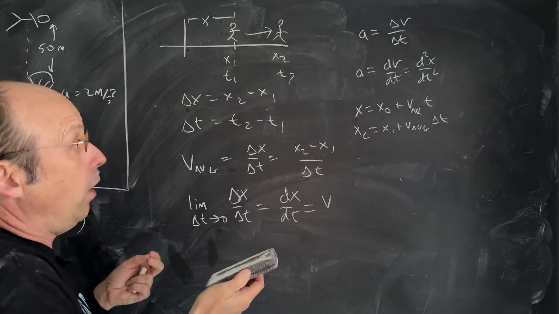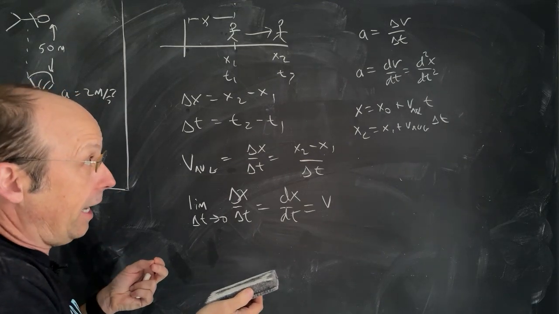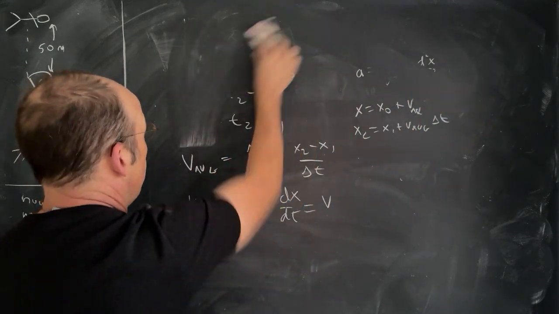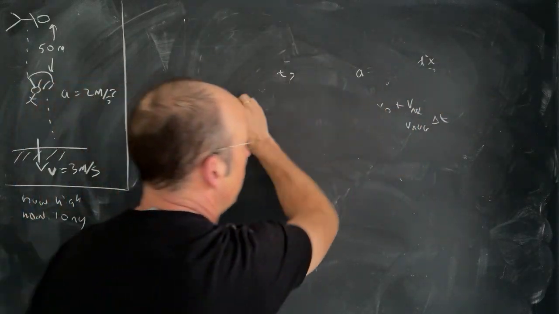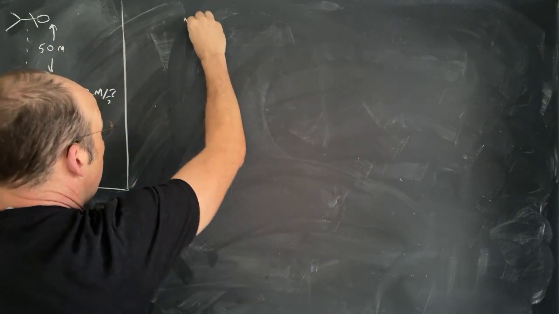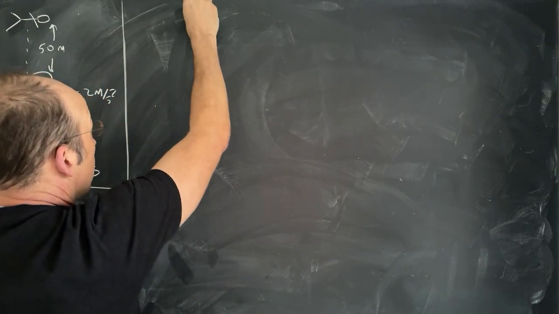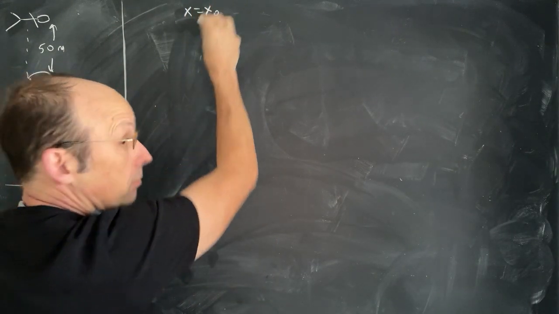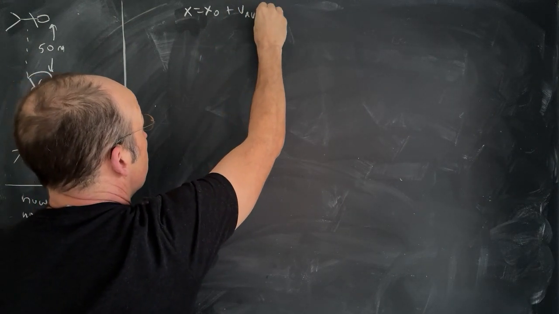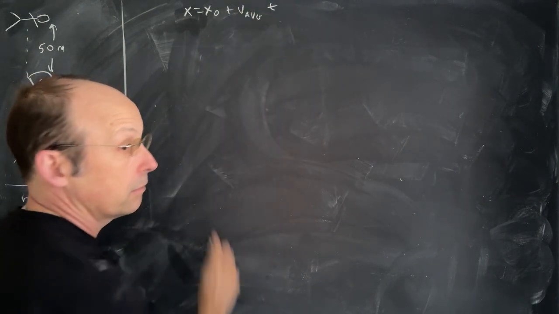Now I want to look at the case where there is an acceleration. So I'm going to start with that equation: x is x0 plus v average times t.